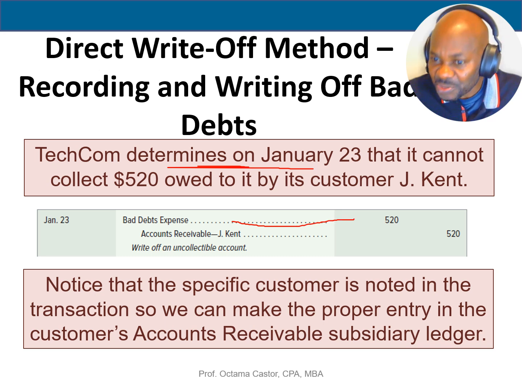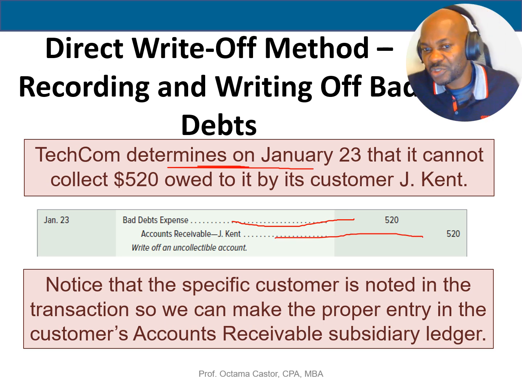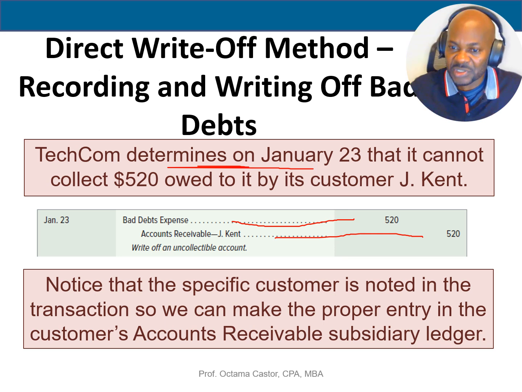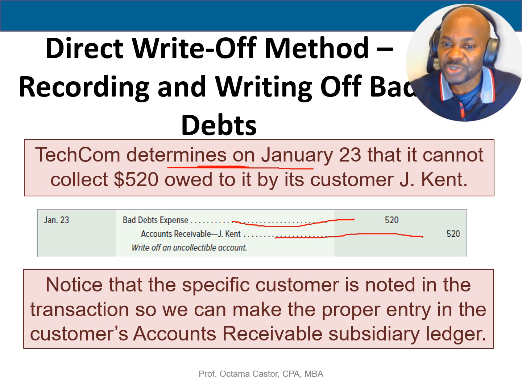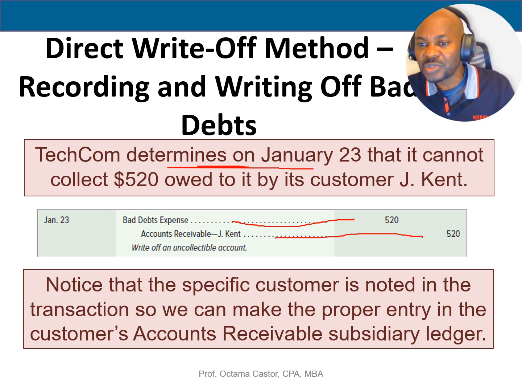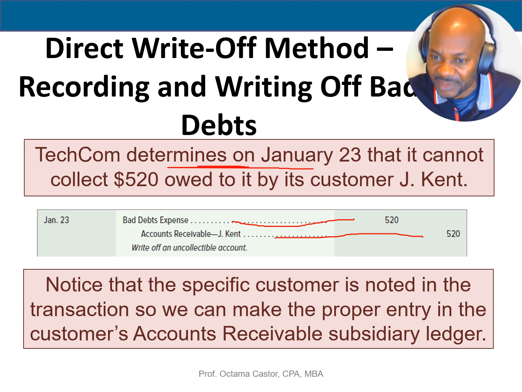Debit bad debt expense for the amount that is uncollectible, in this case $520, and you credit accounts receivable for $520. Notice you credit accounts receivable to reduce that balance because you don't expect to collect it. Remember in the previous example, we credited accounts receivable because we collected on it. This time we still credit accounts receivable because we're not expecting to collect it, but we are writing off the balance.